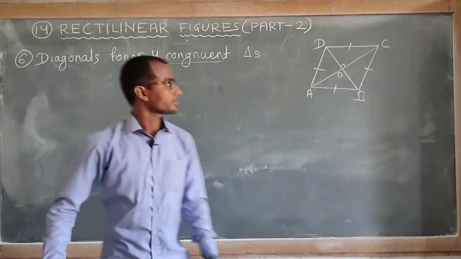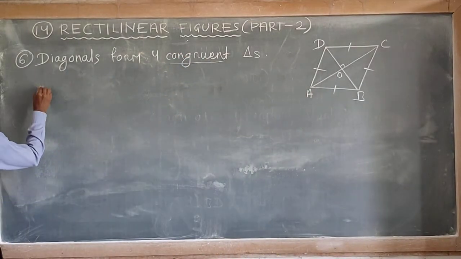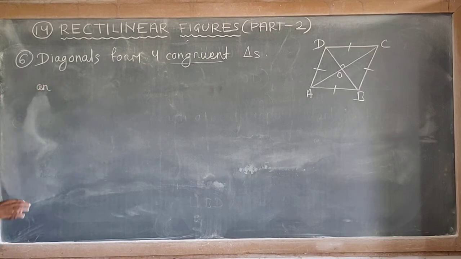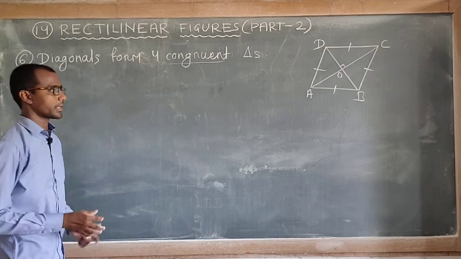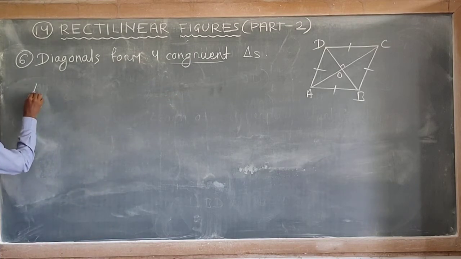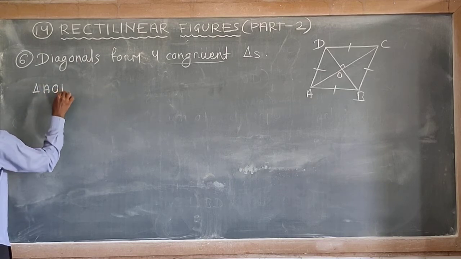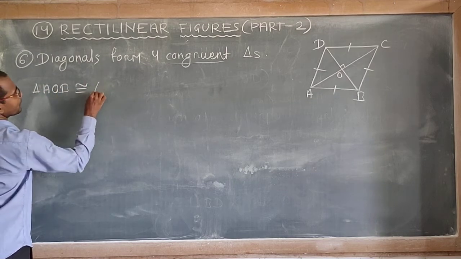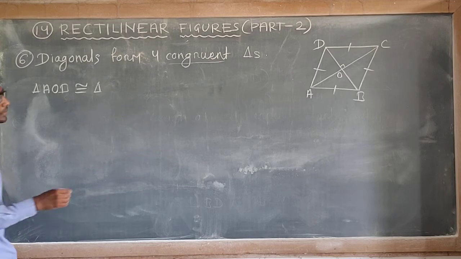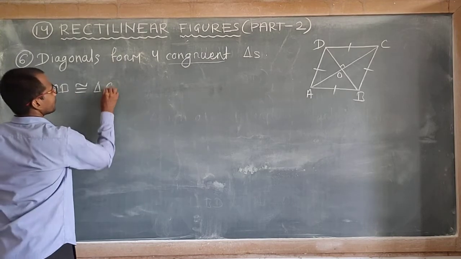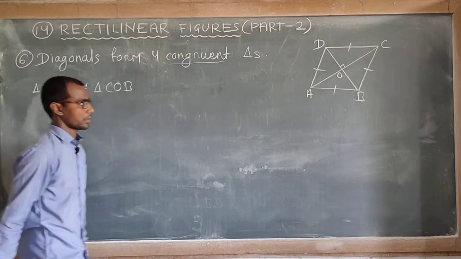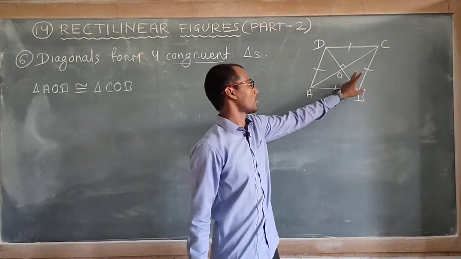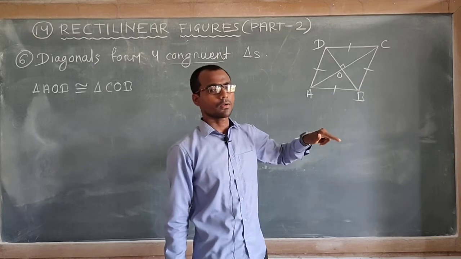Okay, area will be definitely equal. If they are congruent, they will be definitely equal in area. Okay, so triangle AOB congruent to triangle COB, taking the proper order. We cannot say AOB is congruent to BOC. You have to say AOB is congruent to COB.